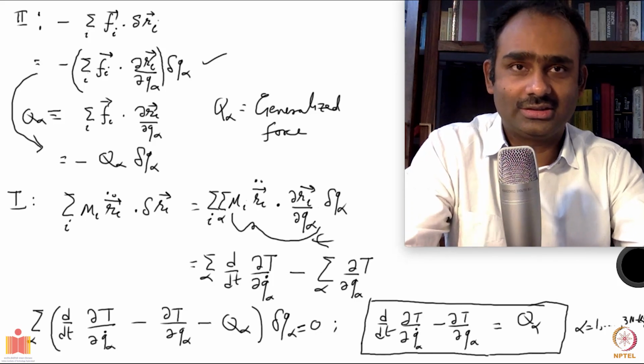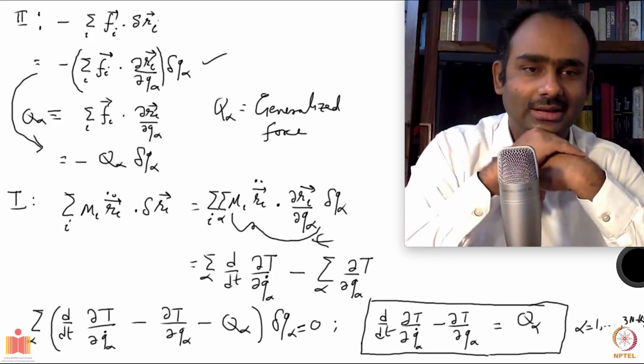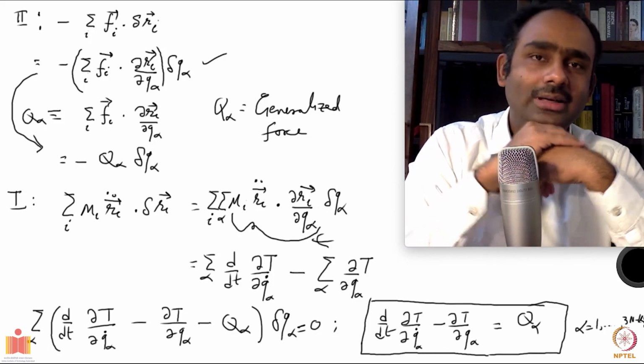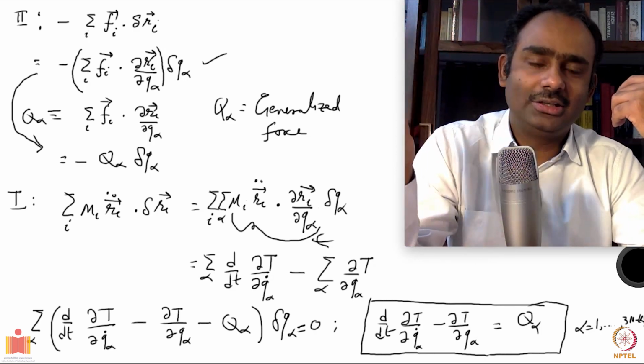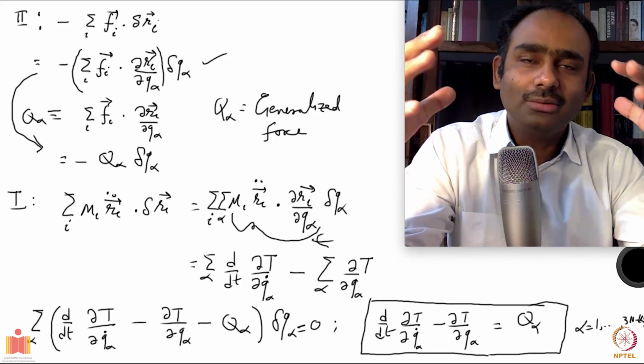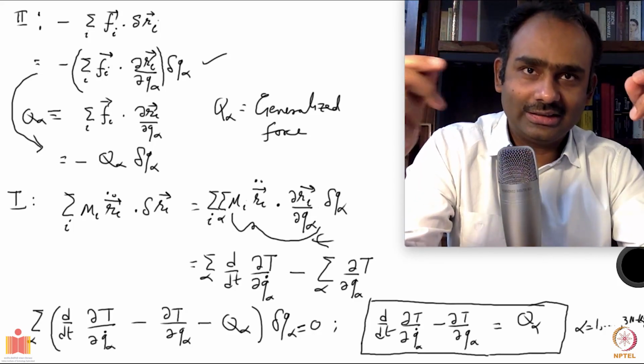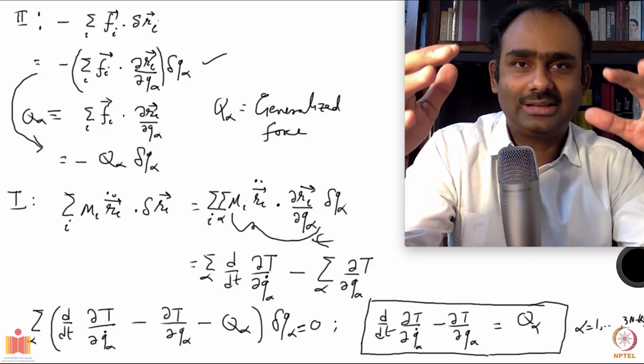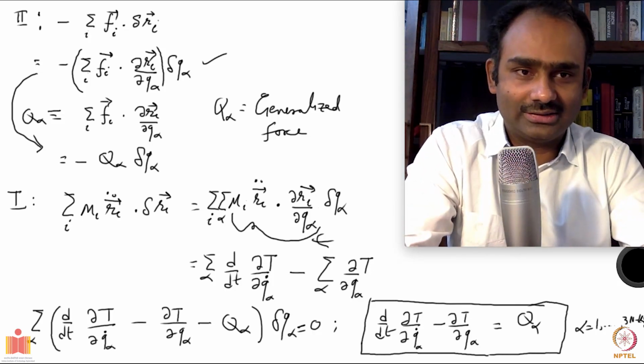They are not necessarily uncoupled, they are all coupled equations, but that's what you have. And look at the T in the numerator in these derivatives, they pertain to the entire system. It's not the kinetic energy of individual particles which is entering, it's the kinetic energy of the entire system as a whole that is entering in here.